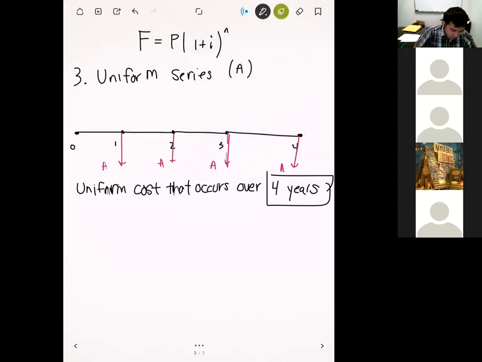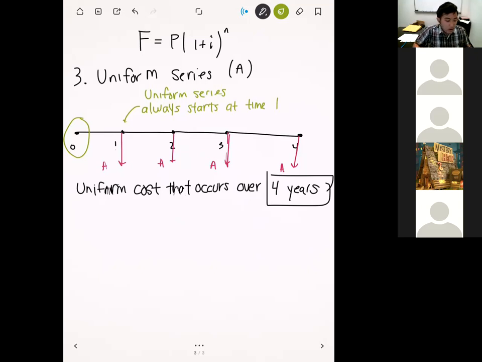The key thing I want you guys to notice here is that there's nothing on year 0. Year zero is specifically reserved for just a present sum. So basically for every other cash flow, you won't have anything on year zero, and any cash flow that you have on year zero is going to be a present sum. A uniform series always starts on year one. That's going to be important.